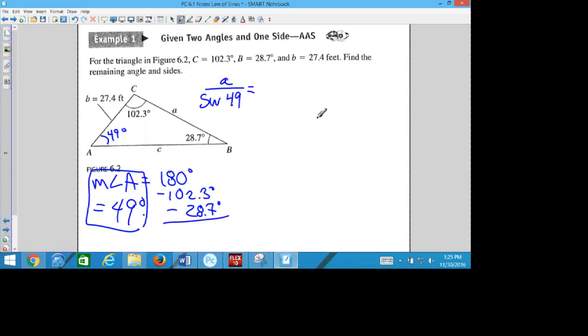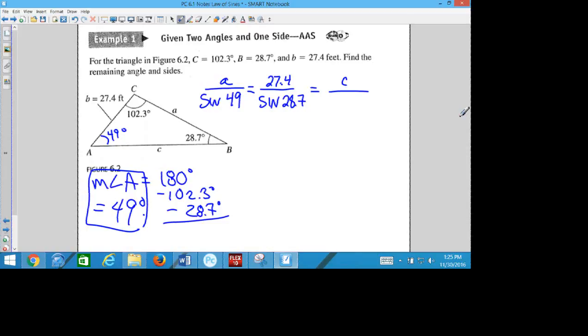Do we know side B? Yes. So we put 27.4 over sine of, do we know angle B? 28.7. Side C, we do not know.